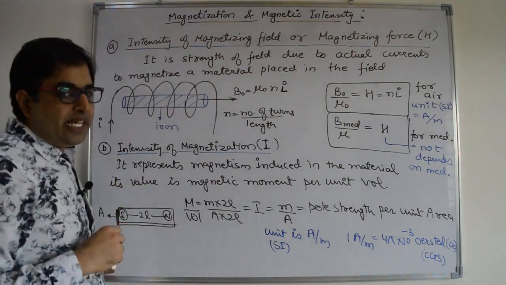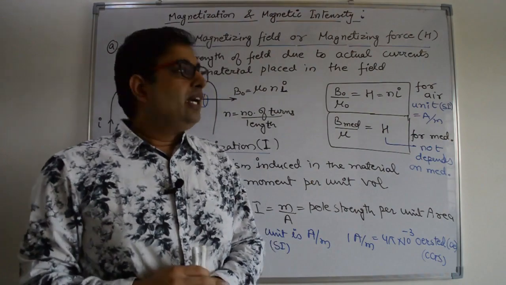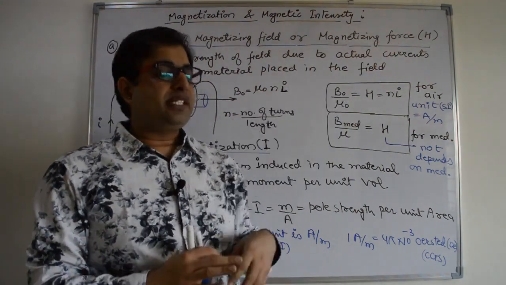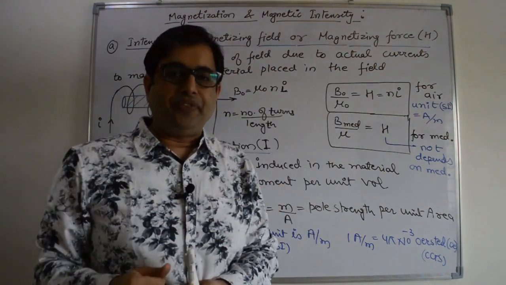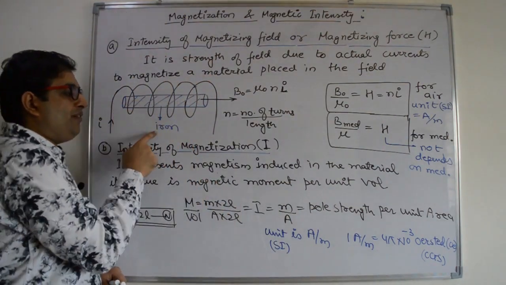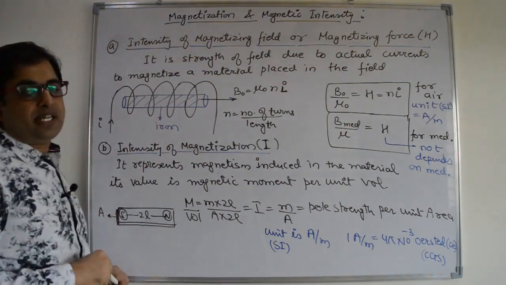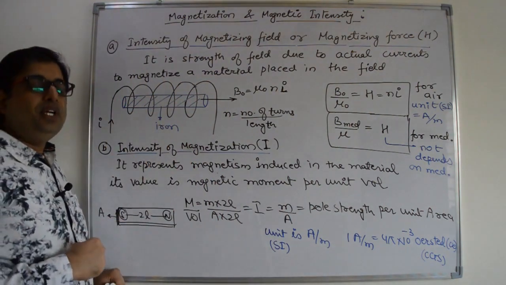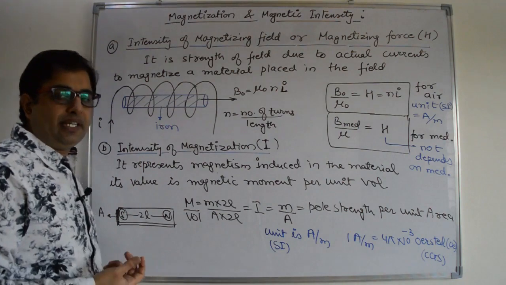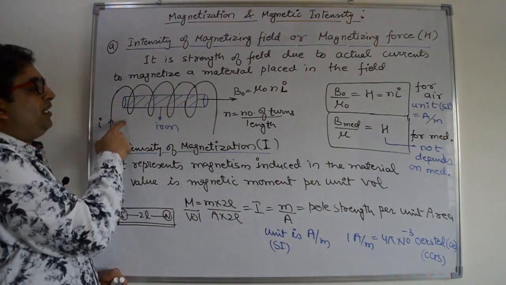To magnetize any material, we need an external magnetic field, and this H represents that external magnetic field, right? So let us suppose we have an iron bar and we want to magnetize it.